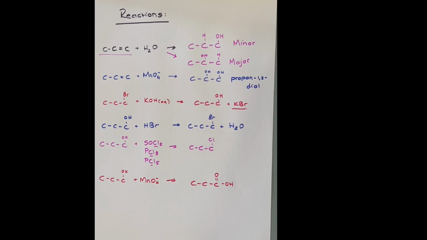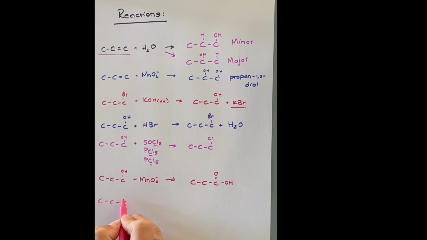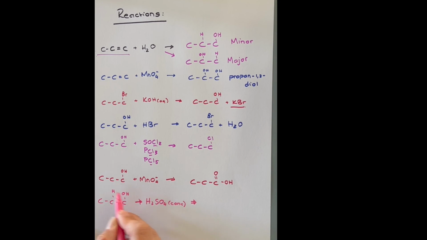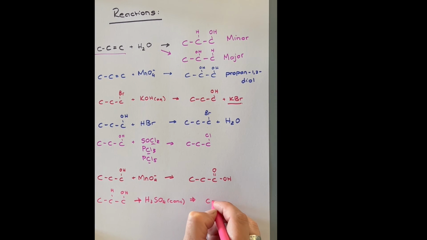And then the last one, if we've got an alcohol and we want to remove the alcohol, so we want to remove water, we add H2SO4 that is concentrated. And when we do that, we take the H and the OH away, which means that we have a double bond at the end.